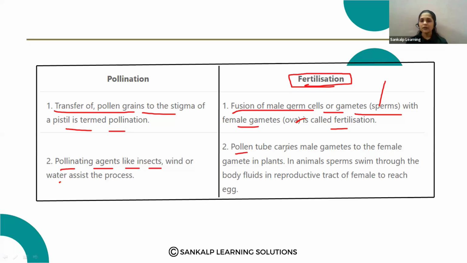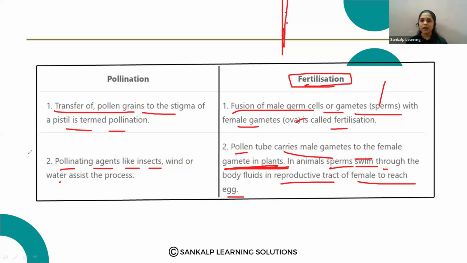Here, fertilization. The pollen tube carries the male gametes to the female gametes in plants. In case of plants, it is through the pollen tube. I hope you have observed the pollen tube. Through the pollen tube, the male gamete is transported. In animals, sperm swim through the body fluids in the reproductive tract of the female to reach the egg.